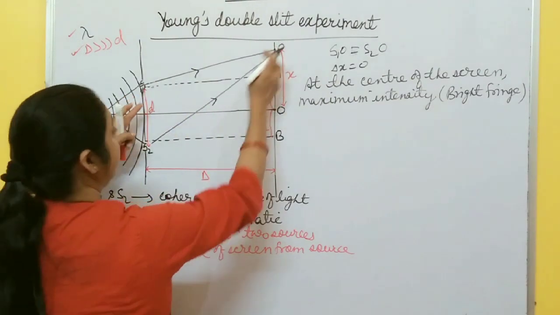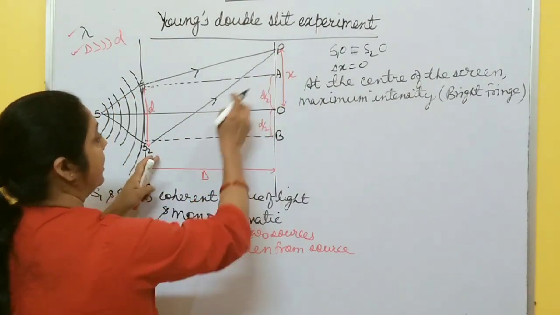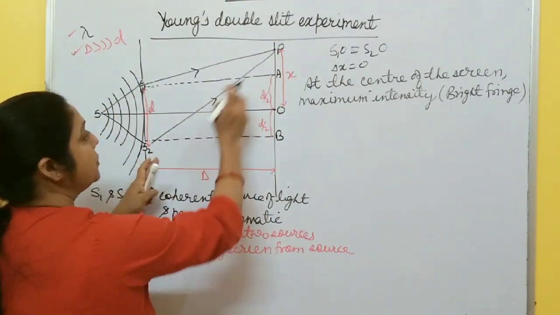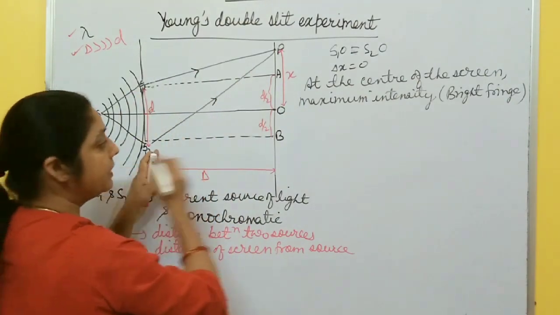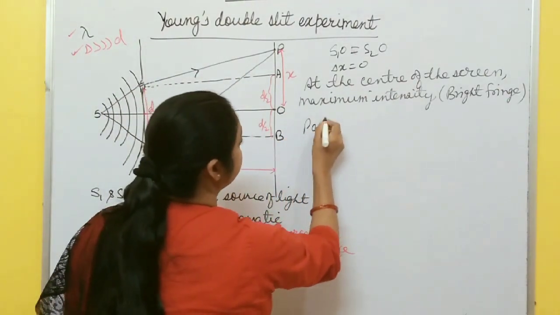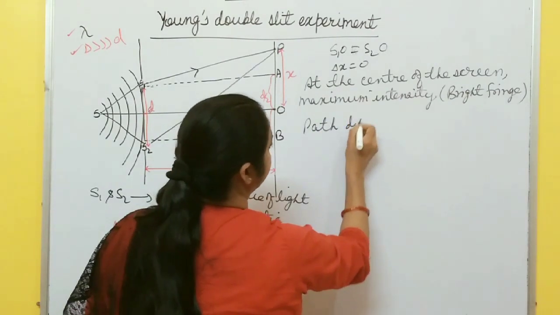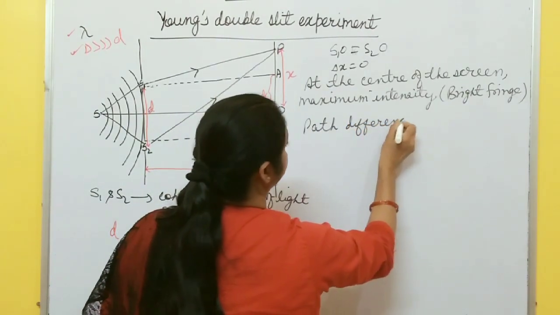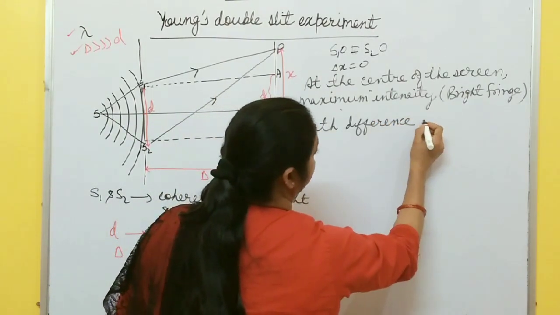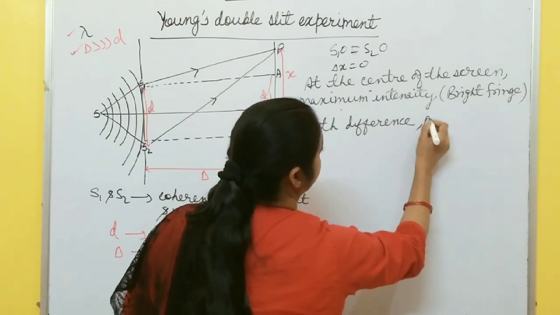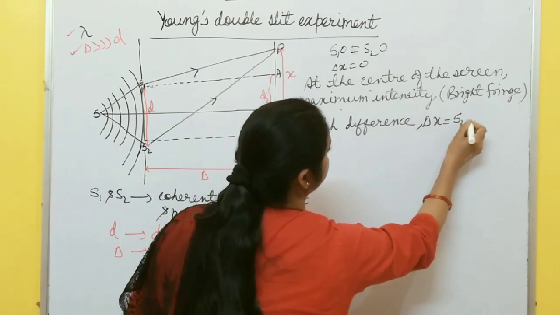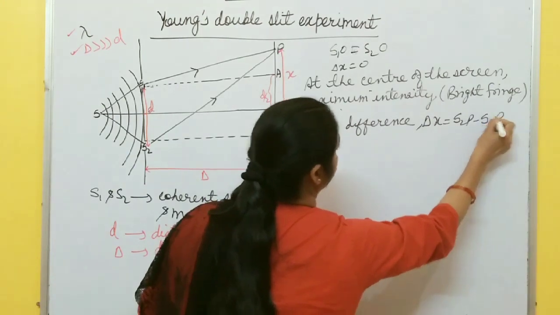This one is S1P and this one is S2P, and S2P is greater than S1P. So the path difference is delta x equal to S2P minus S1P.